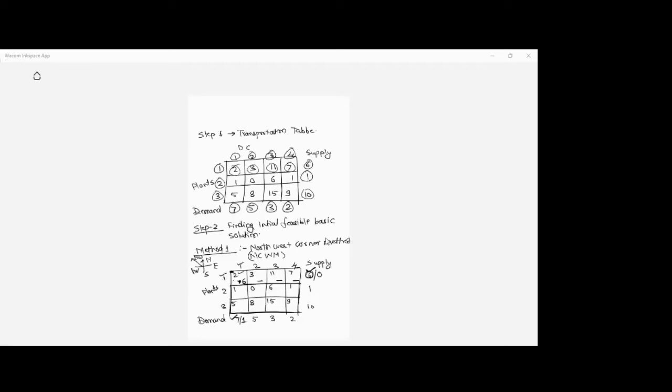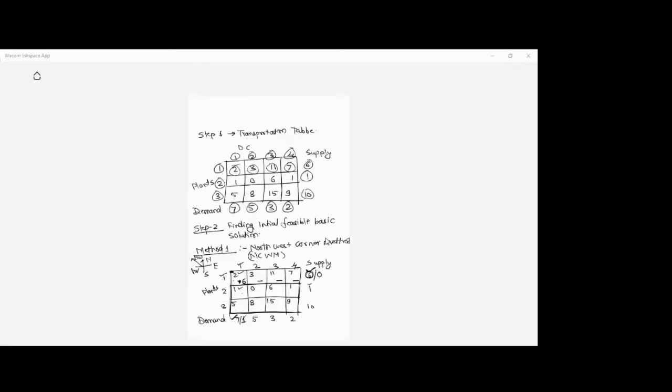Right now, let's consider the next northwest cell, and the next northwest cell is this cell 2 1. Now we have to allocate the maximum value here. Distribution center 1 requires 1 million liter of milk, and again your supply from plant 2 is also 1.